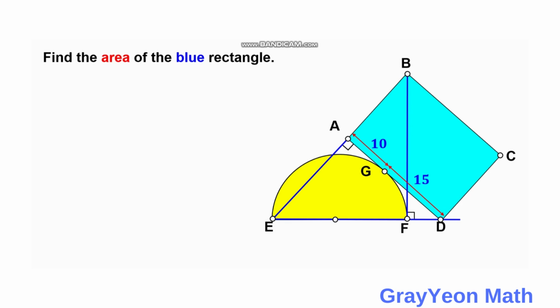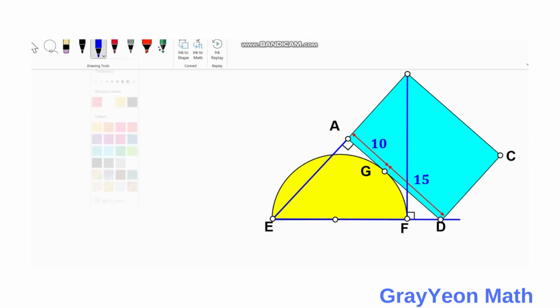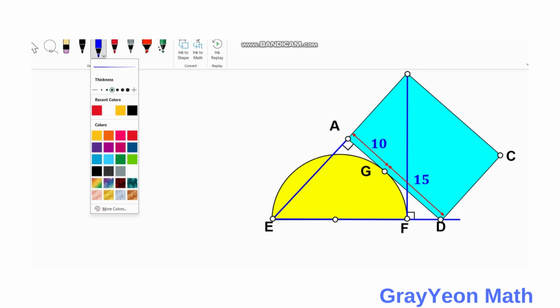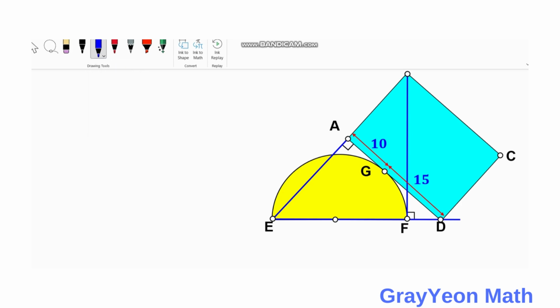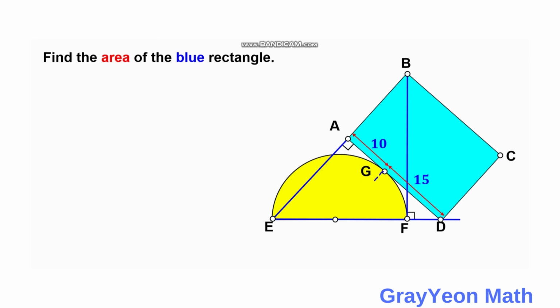Okay, so first thing that we need to consider is that this point of tangency, we can actually draw a line that passes through the center of the semicircle, and this will be, of course, the radius.